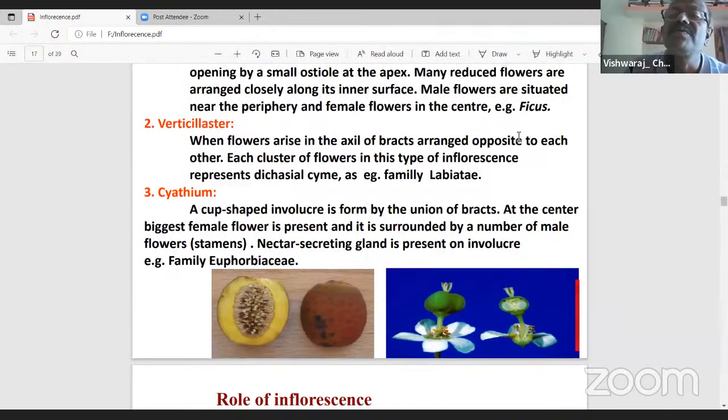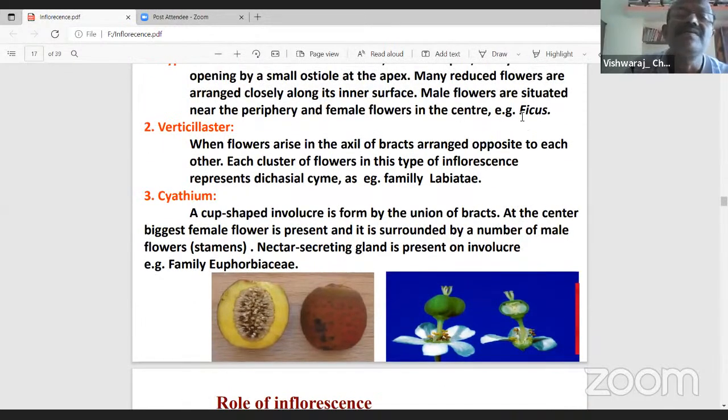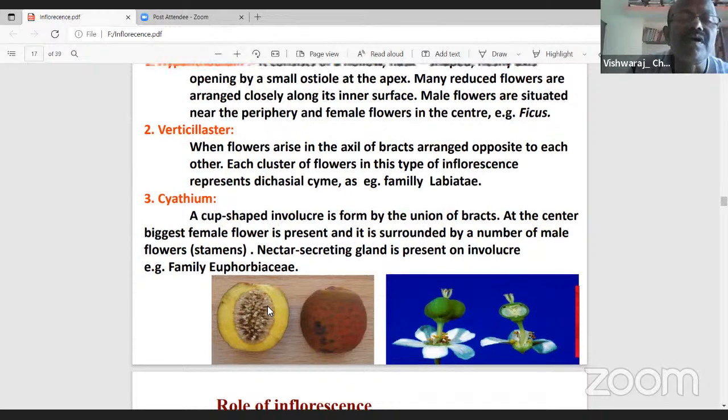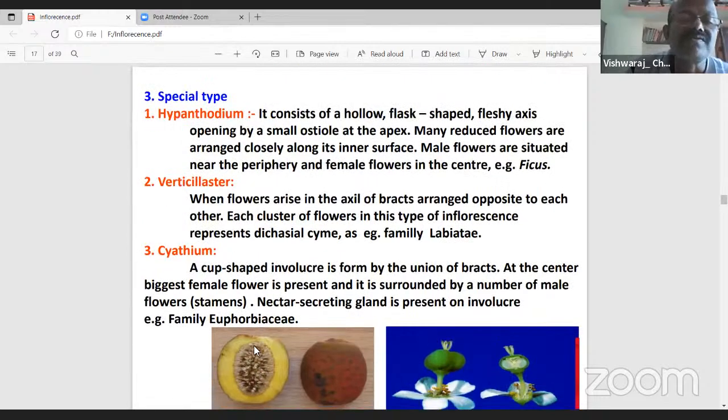You have seen Ficus. Here, the hollow structure on the inner side and a small ostiole, a small pore-like structure, passing from the hollow to the outer side. In this hollow structure, flowers develop.